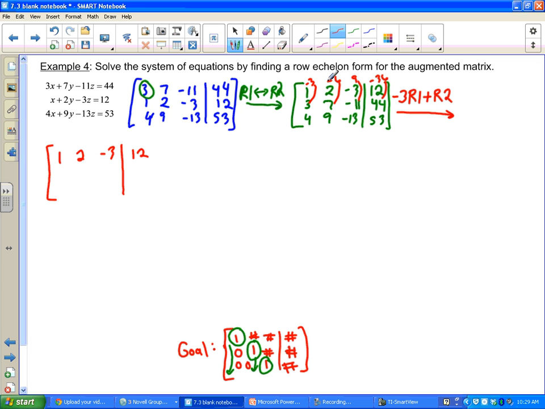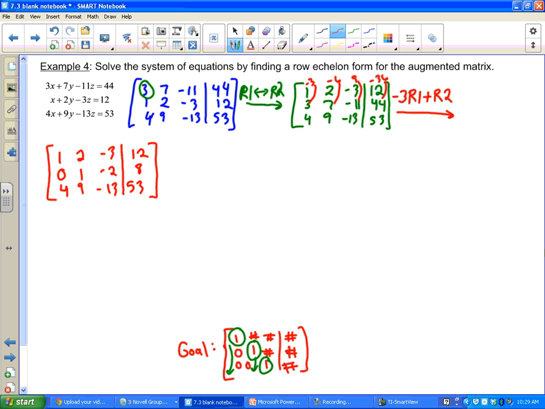But for our second row, we are changing it. -3 plus 3 gives us 0. -6 plus 7 gives us 1. 9 plus -11 gives me -2. And -36 plus 44 gives me 8. Row 3 is the same because we haven't messed with it yet.